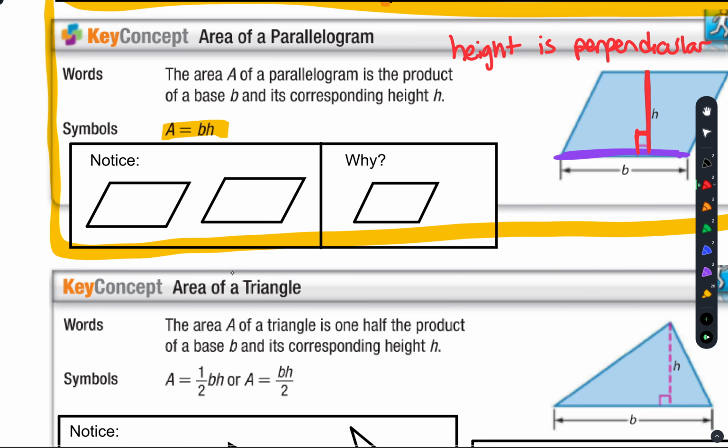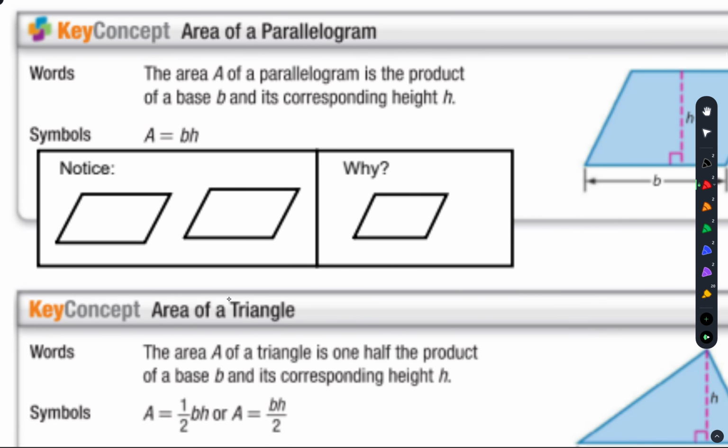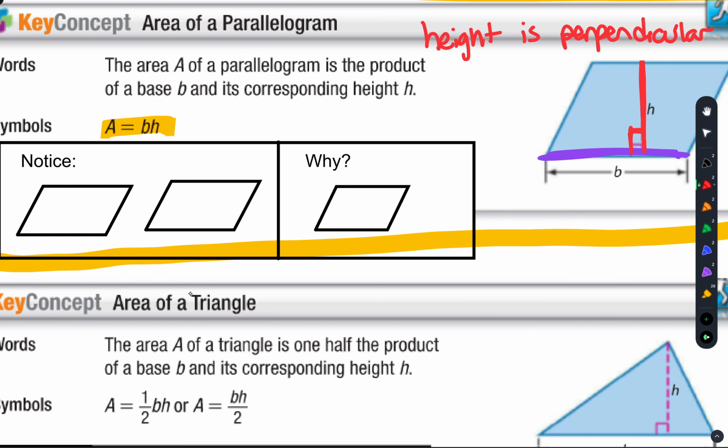So if I take a look at these 2 parallelograms, sorry, I'm zooming in and out all crazy, I can pick the longest side to be the base. That's totally fine. But then I have to make sure that the height is perpendicular to that base. So I could pick the height to be here, or maybe I want the height to be outside. That's fine too. If I want to choose the shorter side of my parallelogram to be the base, the same rule applies.